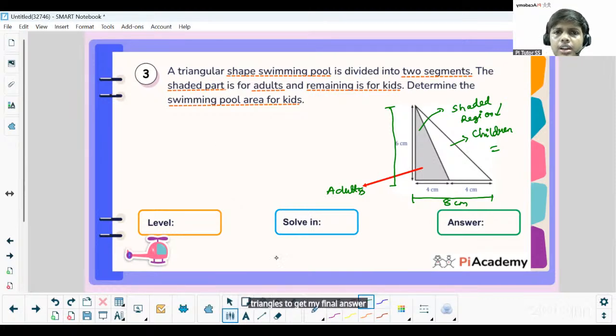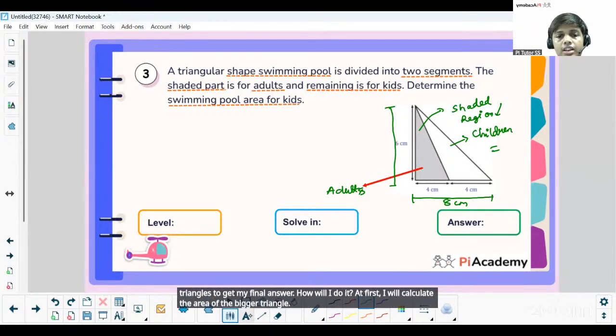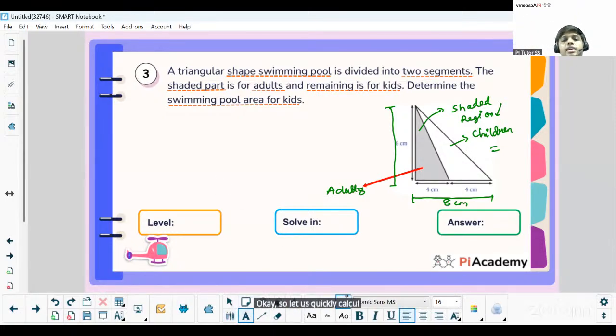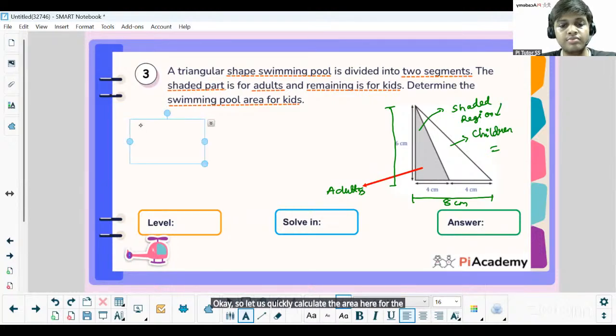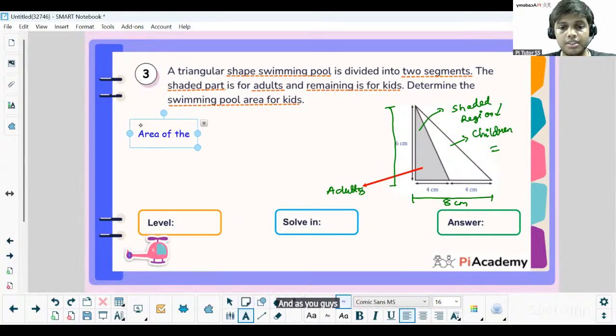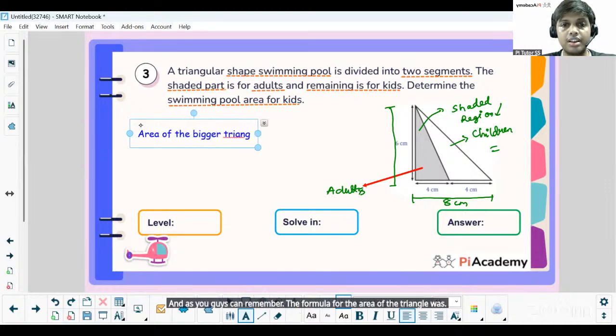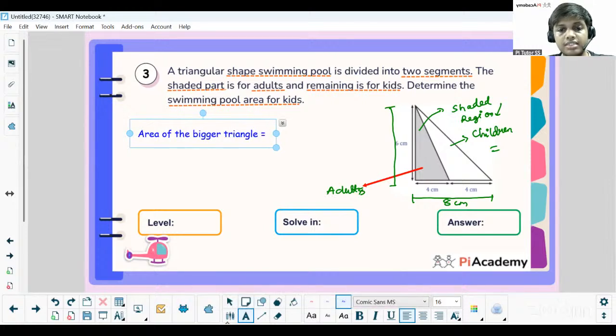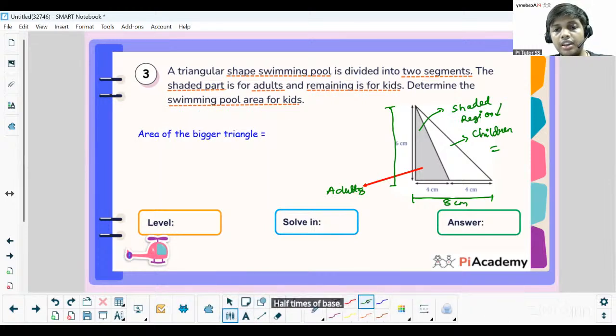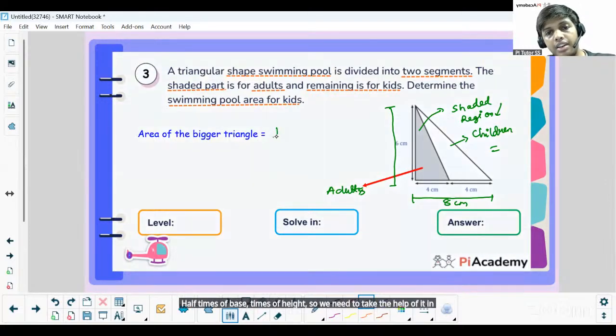How will I do it? At first, I will calculate the area of the bigger triangle. As you can remember, the formula for the area of the triangle is half times base times height. So we need to take the help of it in order to calculate the final value.